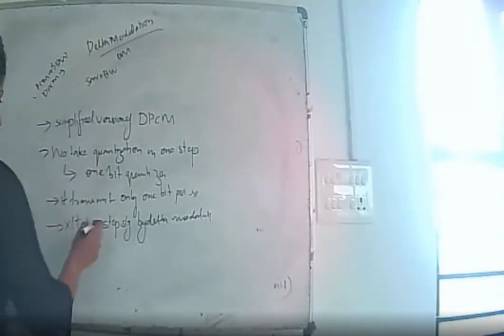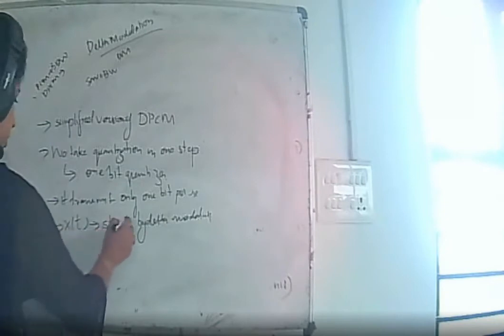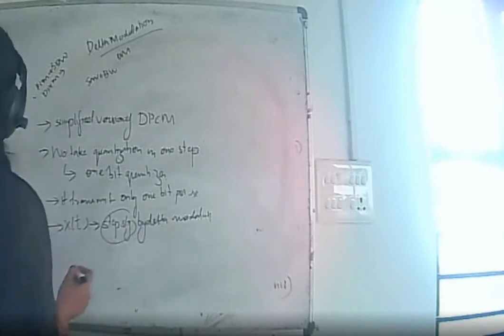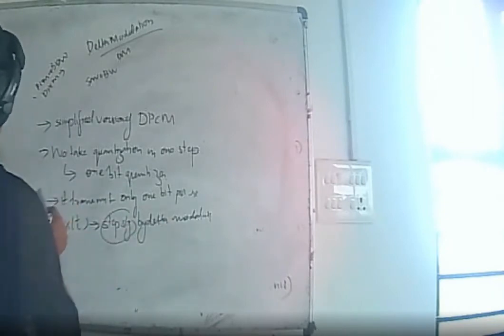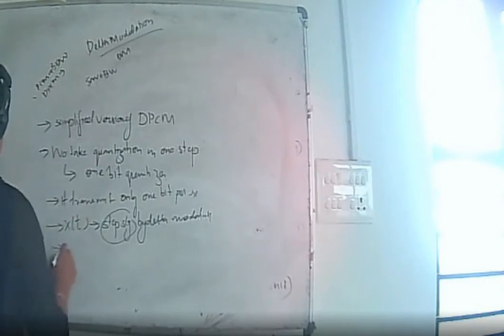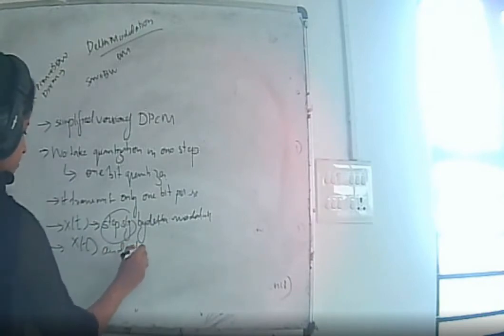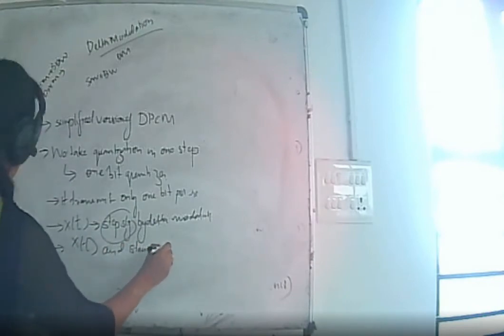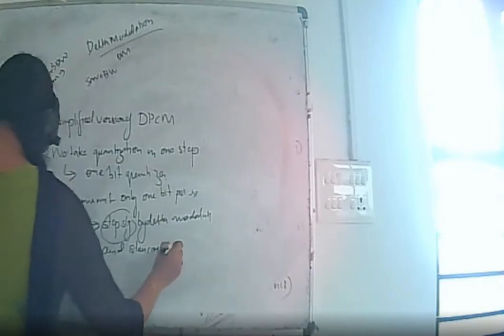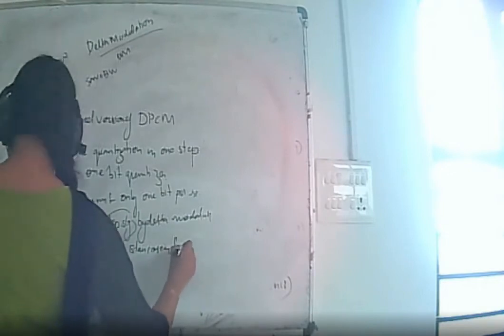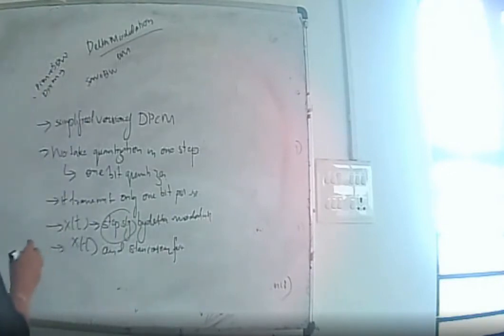The input x of t is approximated to a step signal by the delta modulator, and the difference between x of t and the staircase waveform is confined to 2 levels.